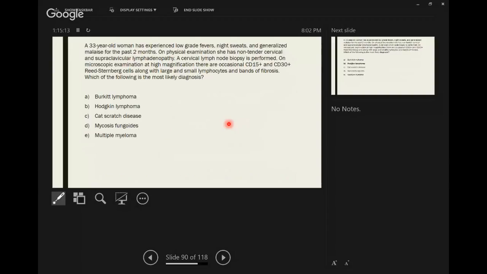On microscopic examination, high magnification, there are occasional CD15 and CD30 positive Reed-Sternberg cells, along with large and small lymphocytes and bands of fibrosis. B, Hodgkin's, yeah. So Reed-Sternberg cells in addition to the specific markers.